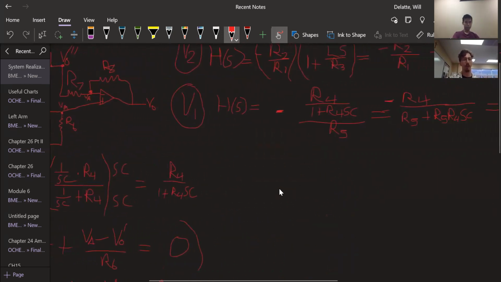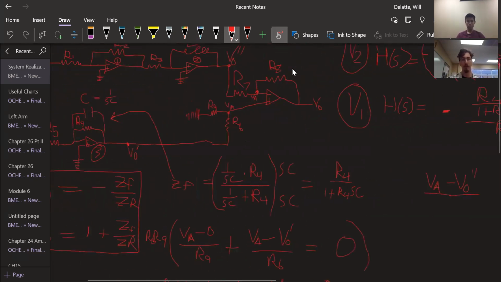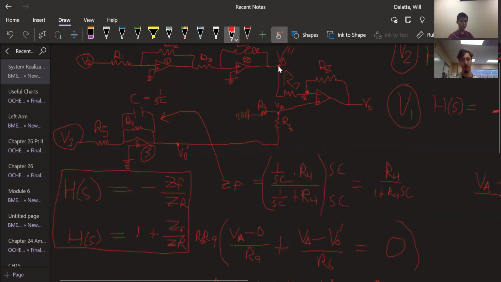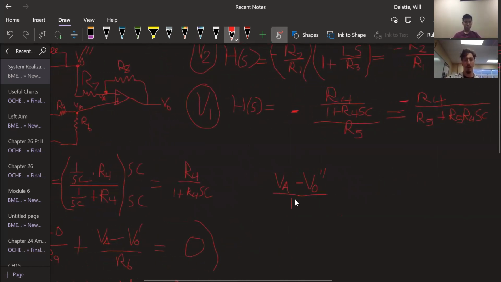Using a similar method of standalone, we are going to start with our VA minus V out double prime, because that's feeding in from our top branch here, because we know, again, up to this node what that voltage is, and then that's all we can say from there. From observation, we can say. And then we put that over R7, which is that resistor there between the two voltages.